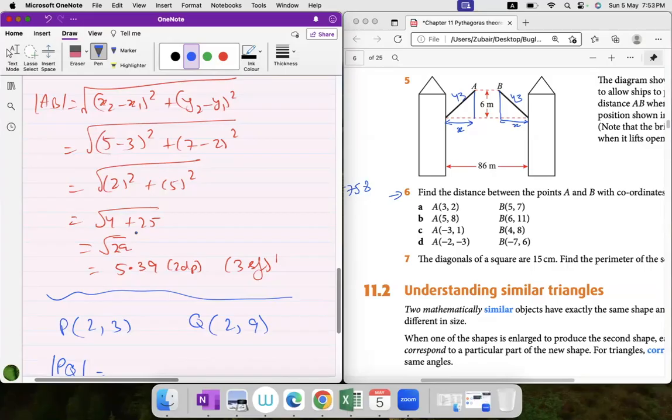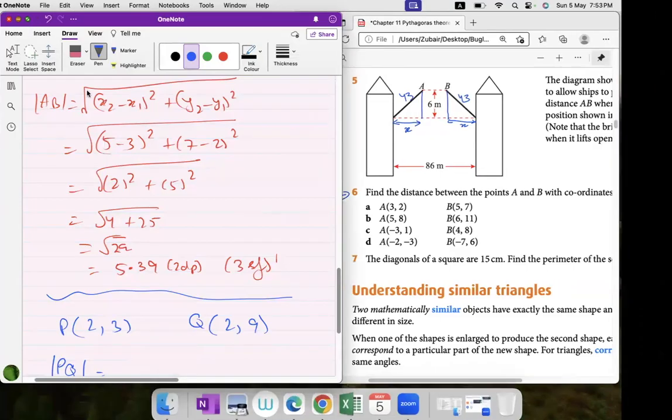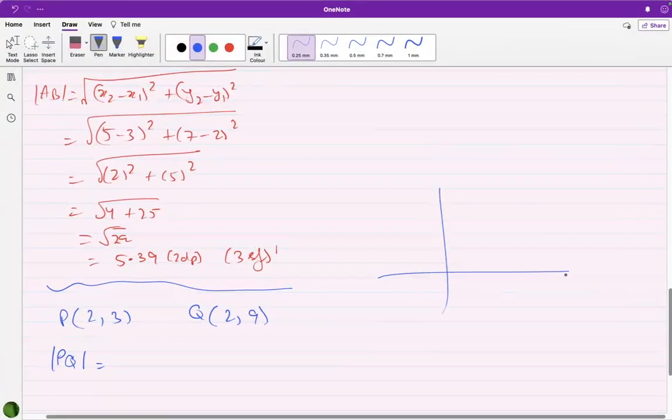Square root 6? That's only 6. Only 6? Yep.